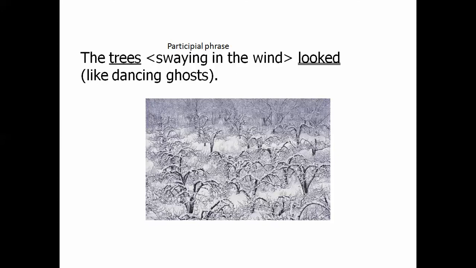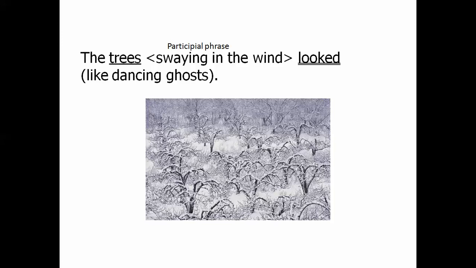No. This sentence has phrases, one participial phrase that modifies trees, but it only has one independent clause. The trees looked like dancing ghosts. So it has a prepositional phrase and a participial phrase. Those are just modifiers, but it only has one independent clause.